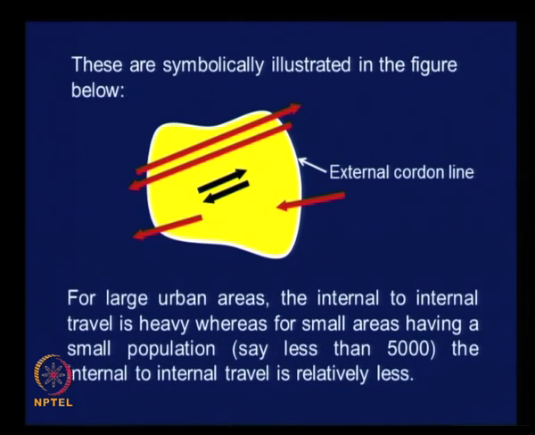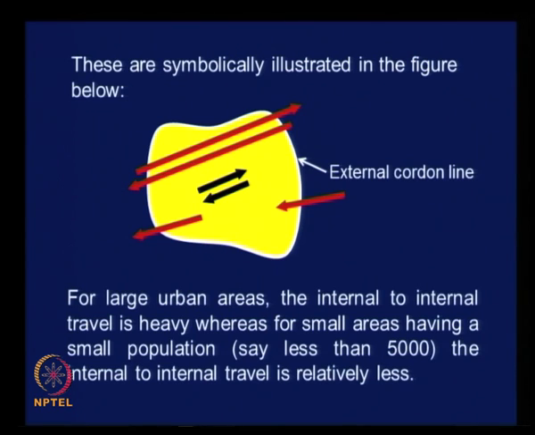For large urban areas, the internal to internal travel is heavy because the area is large, obviously internal to internal trips, if you work it out as a percentage will be much higher, whereas for small areas having a small population, say less than 5,000, just a town, the internal to internal travel is relatively less, right.